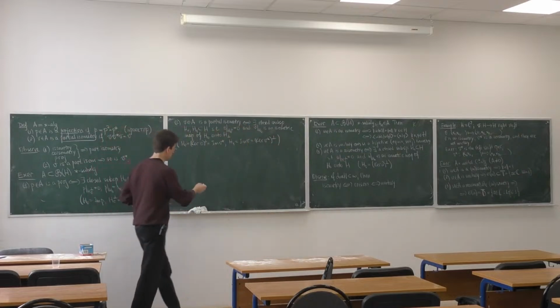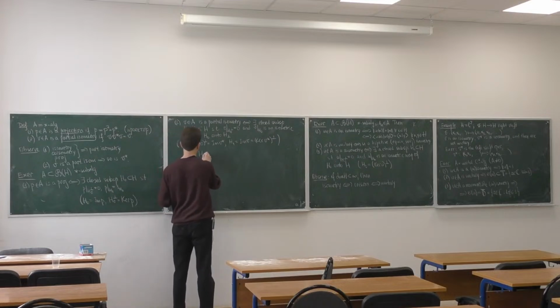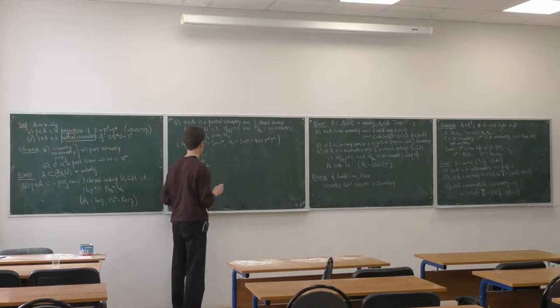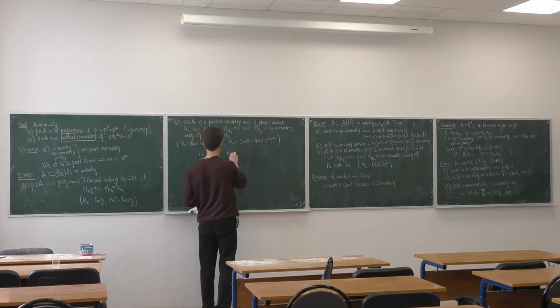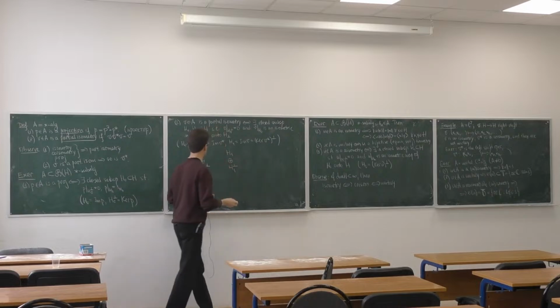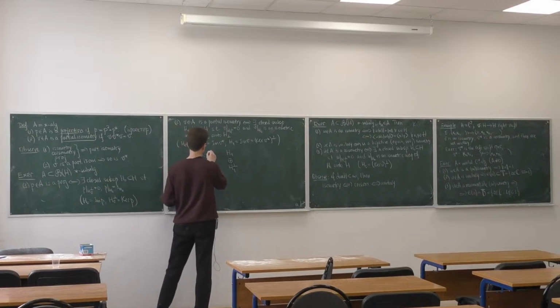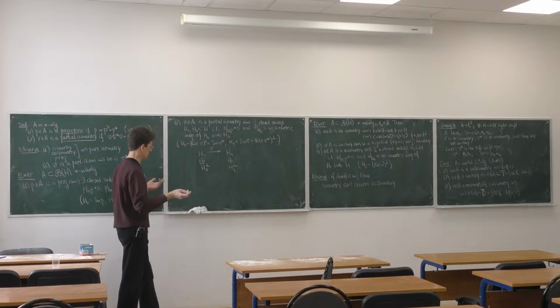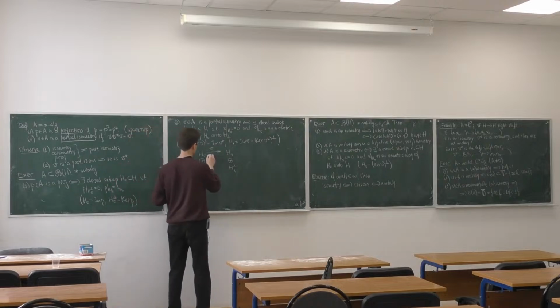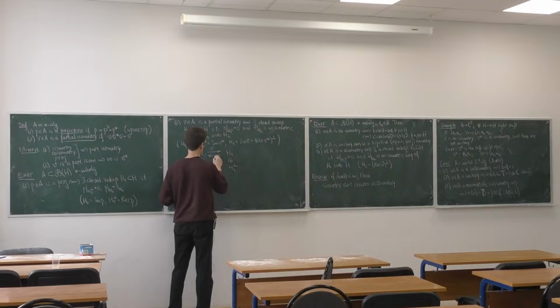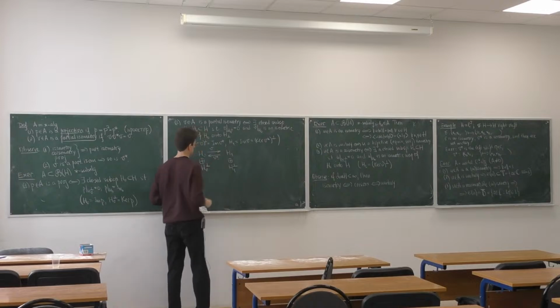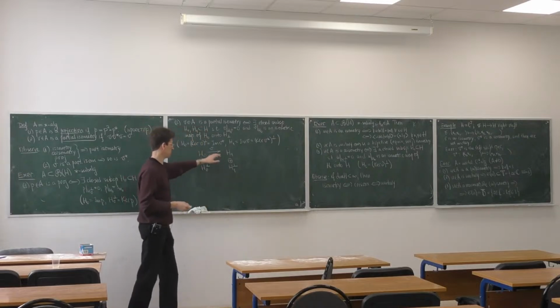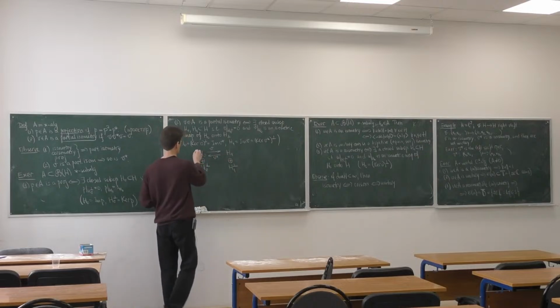So geometrically, the picture looks as follows. We have two direct sum decompositions of our Hilbert space H into H0 and H0 orthogonal, and into H1 and H1 orthogonal. So V takes H0 isometrically onto H1, and symmetrically V star takes H1 isometrically onto H0, and these two maps restricted to H0 and H1 respectively are inverse to each other.